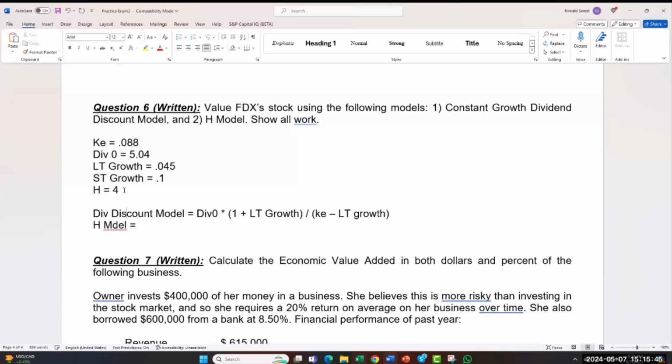So if you're trying to learn these formulas, the H model is not some radically different formula. You start with the exact same formula. I recommend, again, write the formulas out before you plug numbers in so you can prove you know the formula in case you get some typos or something in your exam. So it's the same formula. We're just going to add this one little easy section in here, dividend 0 times H times short-term growth minus long-term growth. That's all we got to do.